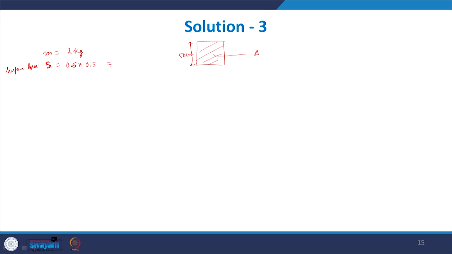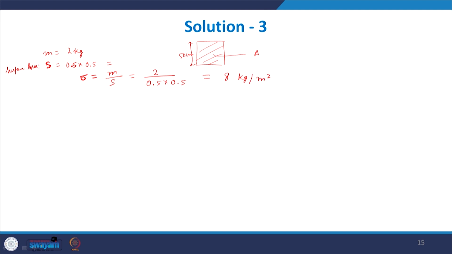So this becomes the surface area. So sigma becomes mass by the surface area, which will give you the net mass per unit area. So we get 2 divided by 0.5 into 0.5, which is 8 kgs per meter square.